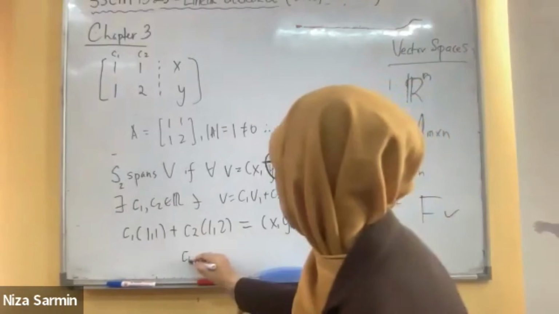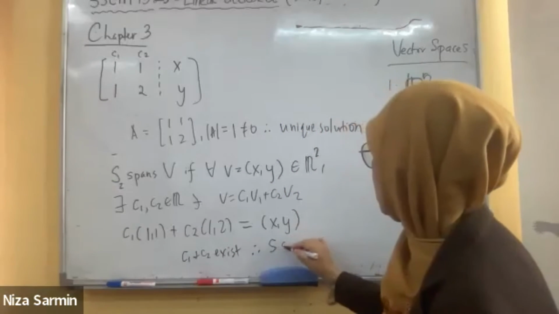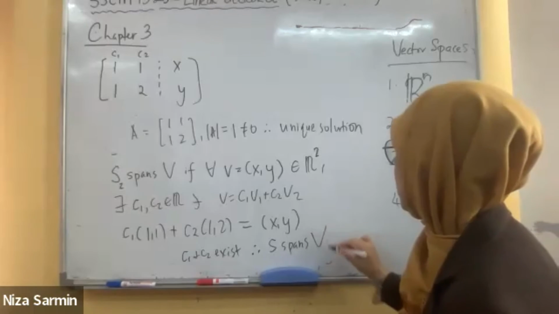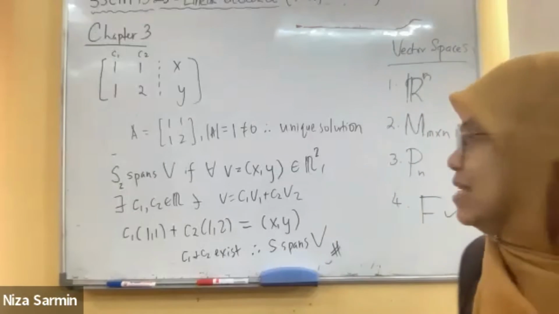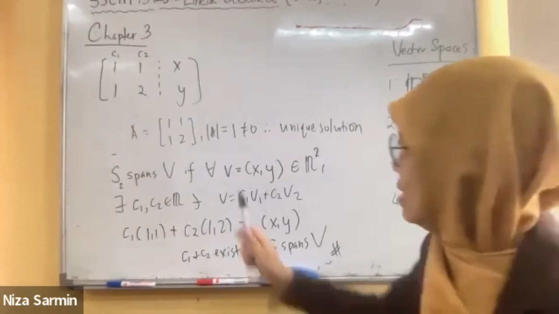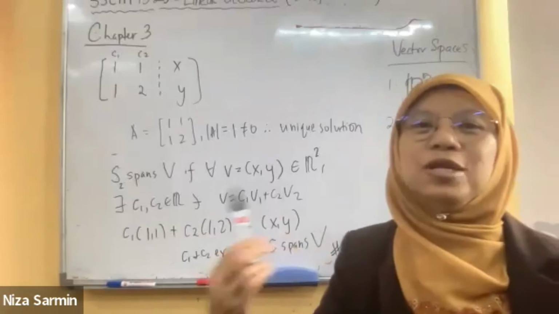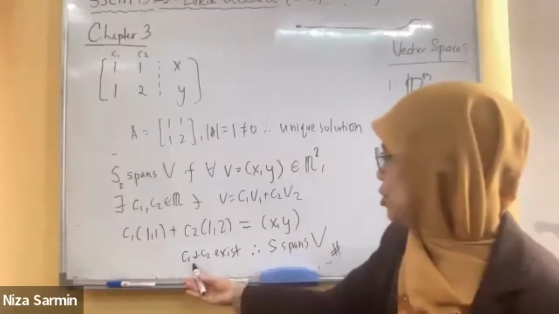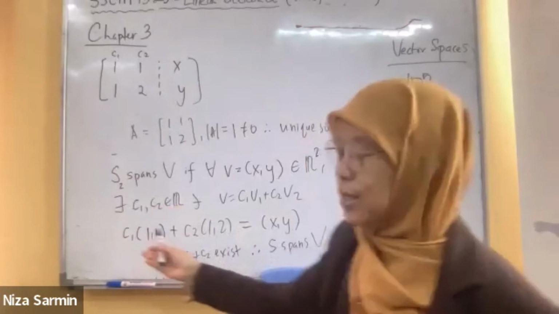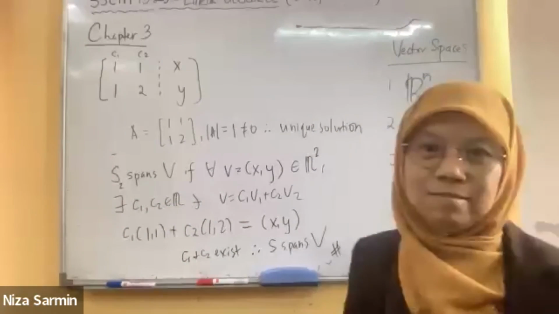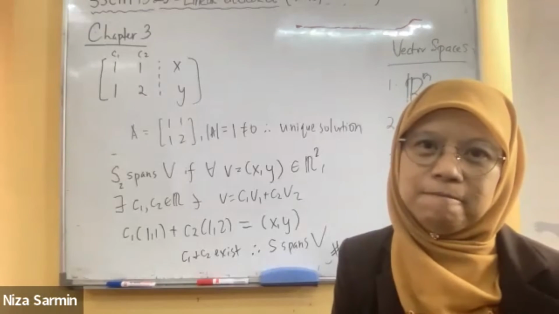So c1 and c2 exist. So S spans V. You'll get full mark, okay? But you have to explain that since the determinant is not 0, the solution is unique. So c1 and c2 exist because that is what we want to find, right? So S spans V. You don't have to solve it, okay?